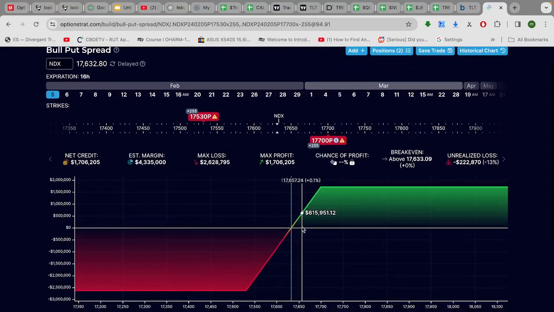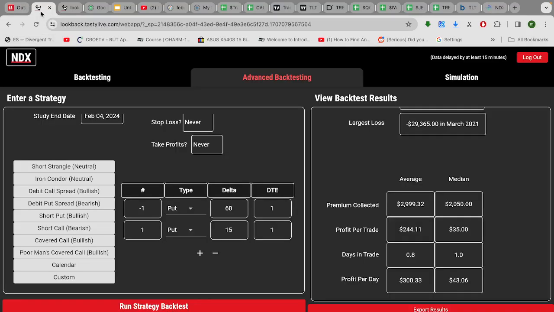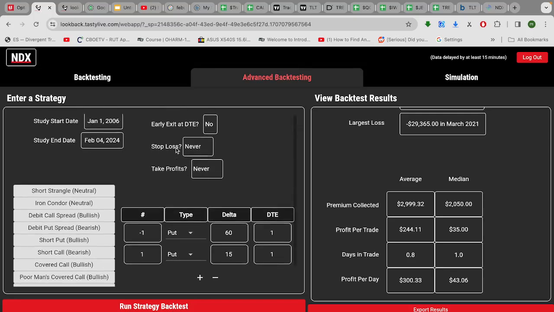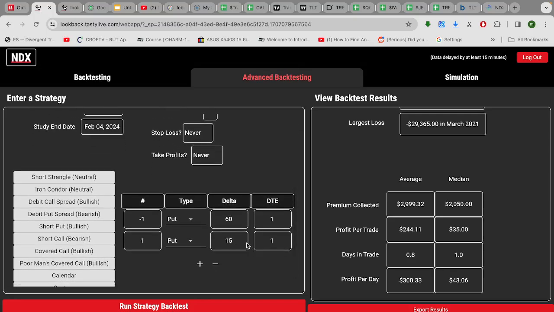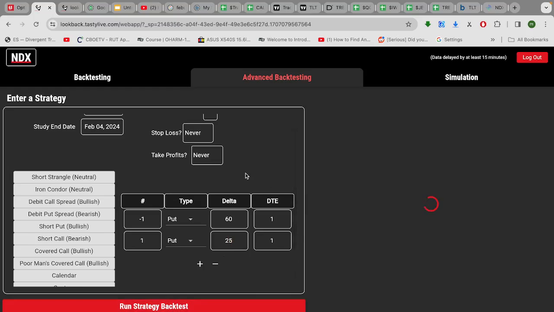I just like this structure more, and I wish they would offer us the structure just for people that want it. So here is the trade. Here's the back test from 2006 on NASDAQ, the MDX.